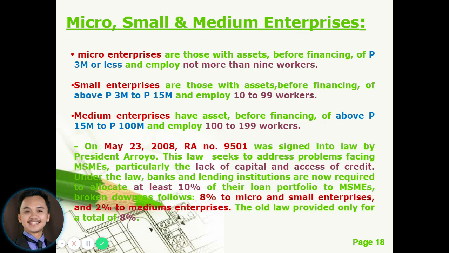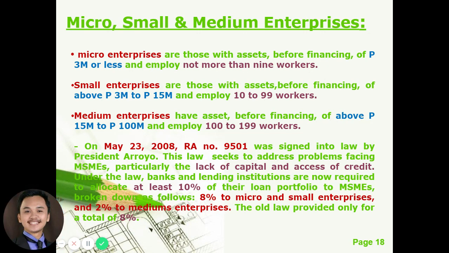On May 23, 2008, RA number 9501 was signed into law by President Arroyo. This law seeks to address problems facing MSMEs, particularly the lack of capital and access to credit. Under the law, banks and lending institutions are now required to allocate at least 10% of their loan portfolio to MSMEs, broken down as follows: 8% to micro and small enterprises, and 2% to medium enterprises.